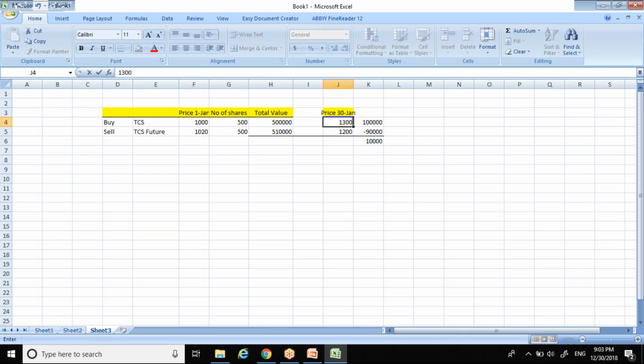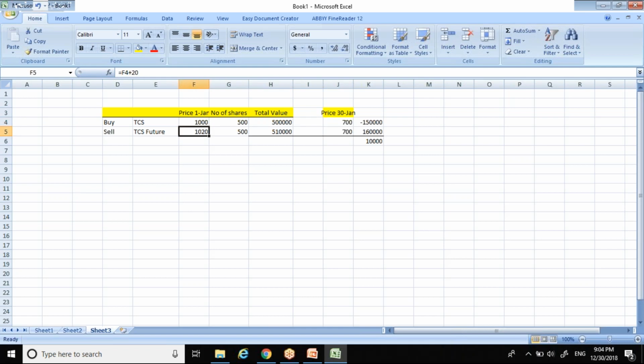If the price goes to 700, you still make a profit, because your position is hedged. If the price goes up, shares give you profit and futures give you loss. If the price goes down, futures give you profit and shares give you losses. So both are offsetting each other's profits and losses.